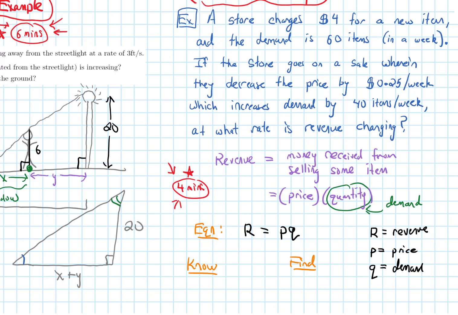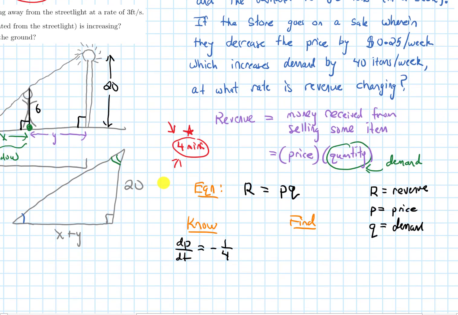We know the rate at which the price is changing, dP/dt. It tells me the price is being decreased, so it's going to be a negative value, negative 1/4, a quarter of a dollar. We also know dQ/dt, the rate at which the demand is changing, and that is increasing, so it's going to be a positive number, 40 items per week.